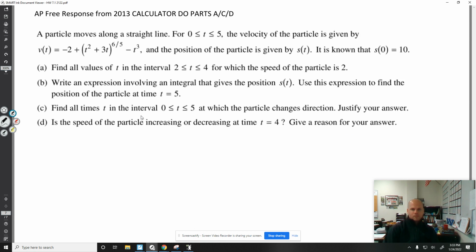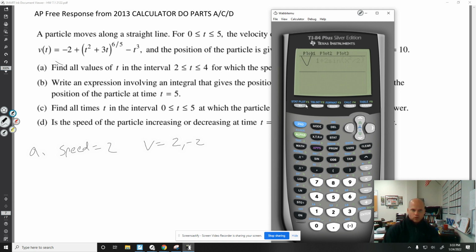A, C, and D. What's the speed of particle 2? Great question. Speed equaling 2. Velocity could equal positive or negative 2. I'm given the velocity. I'm looking from 0 to 5. I'm allowed to use my calculator. Fantastic. So I'm going to plug in velocity: negative 2 plus t squared plus 3t to the 6/5.